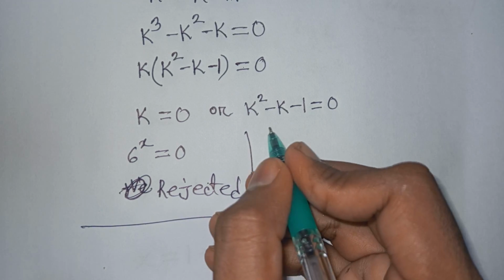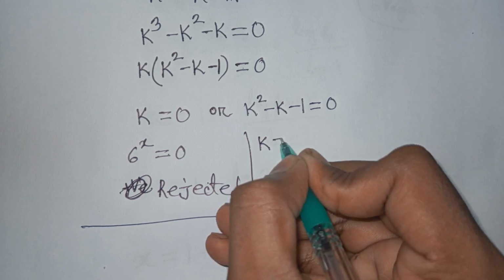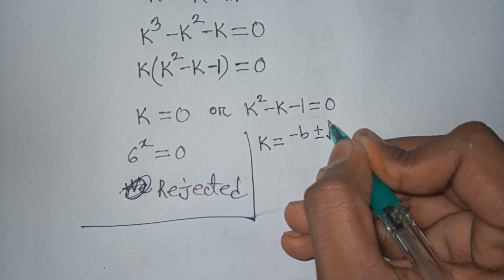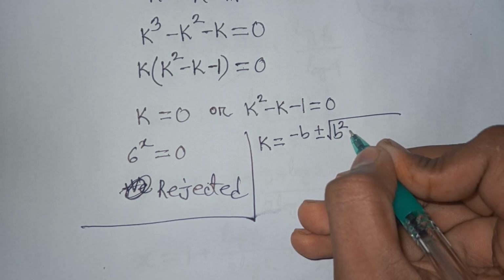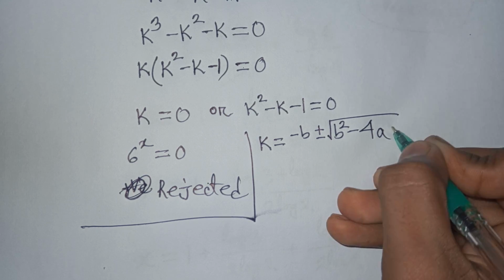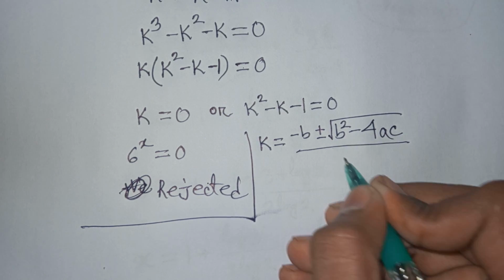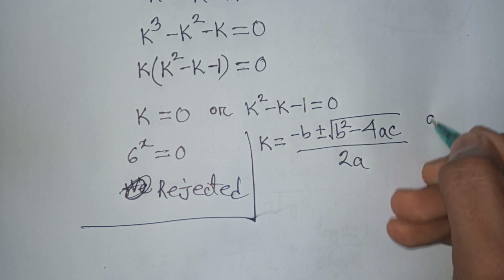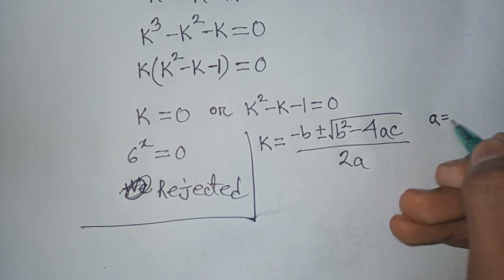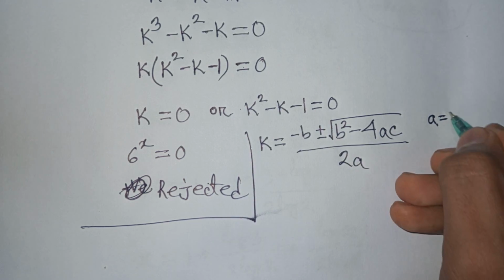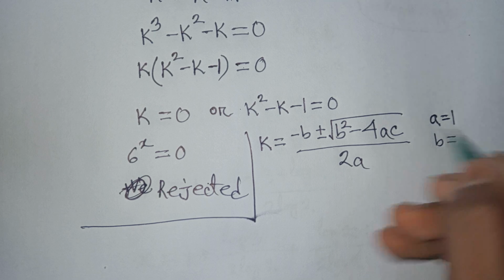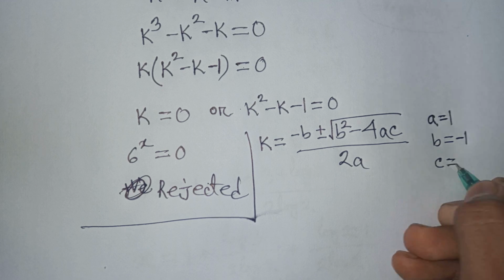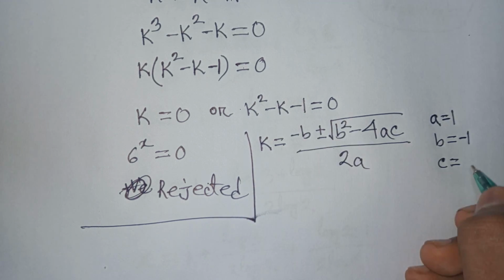Now from here I apply the quadratic formula, so you can write k is equal to minus b plus or minus square root of b^2 minus 4ac, divided by 2a. Here a will be equal to 1, b will be equal to minus 1, and c will be equal to minus 1.